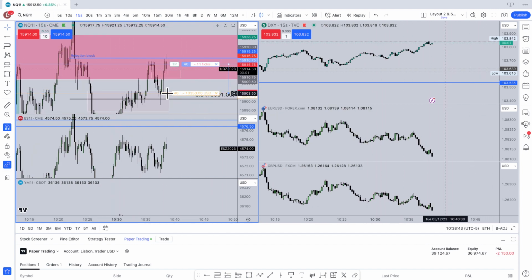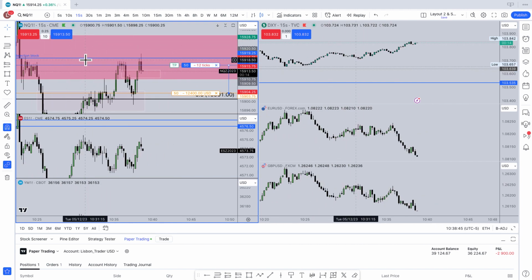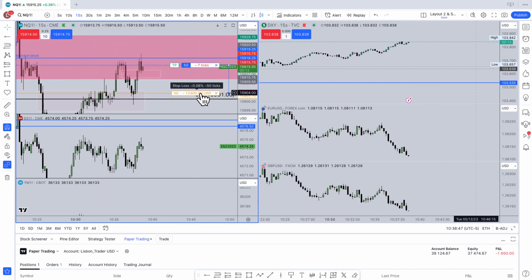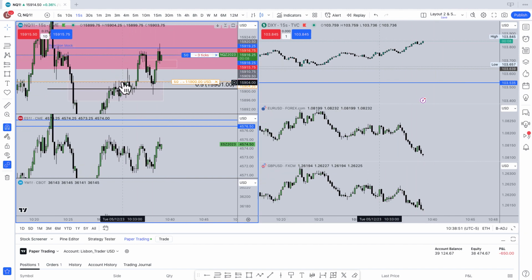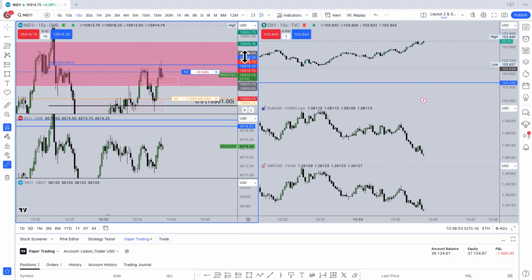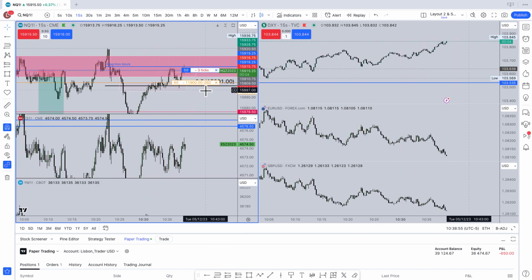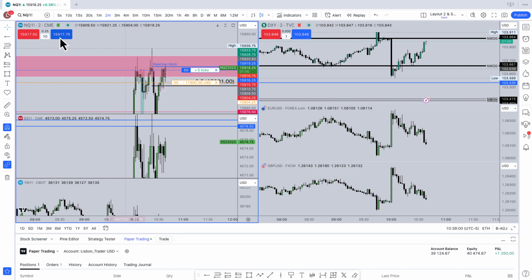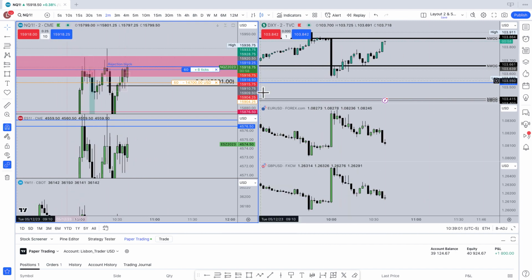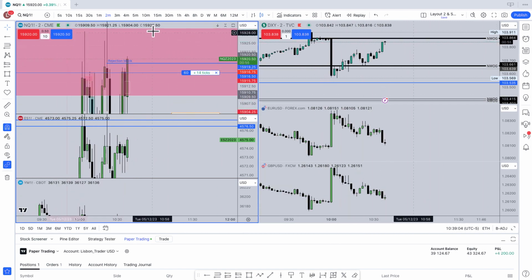Is it rejecting or just playing games? This is an immediate rebalance, so this seems to clearly want to go lower. It's making a bullish trend. So let's see this rejection block pierced.